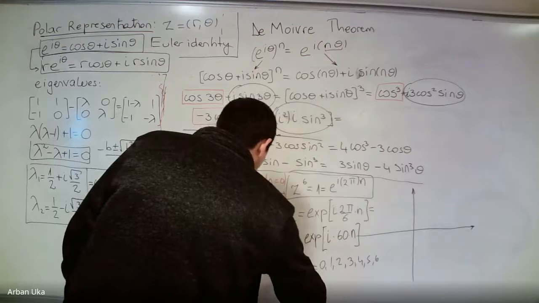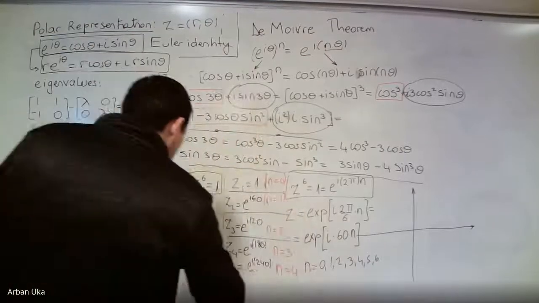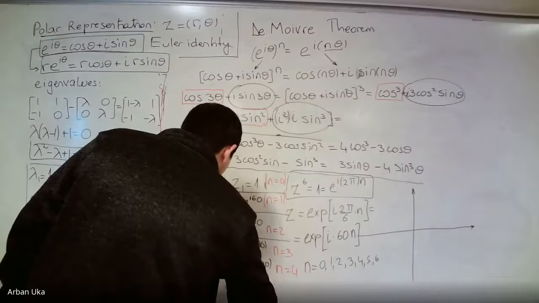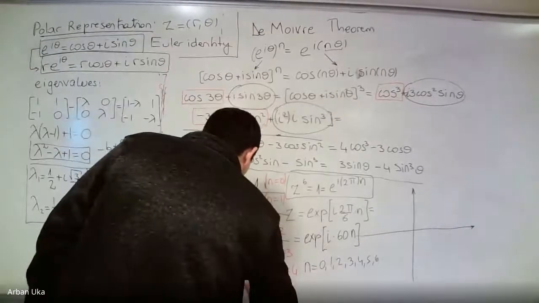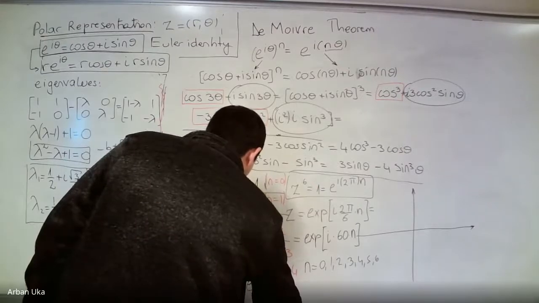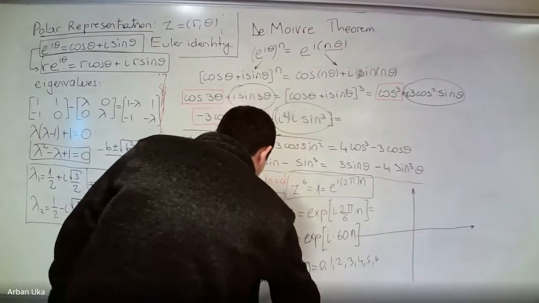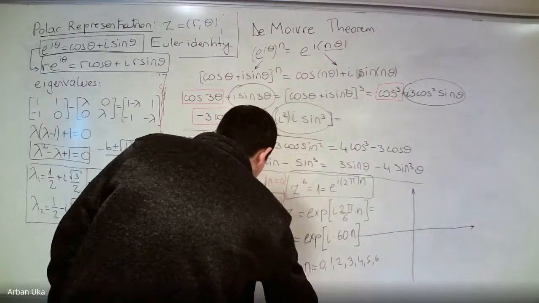This is for n equal to 4. Okay. z6, this is equal to e to the power i 300, which is for n equal to 5.